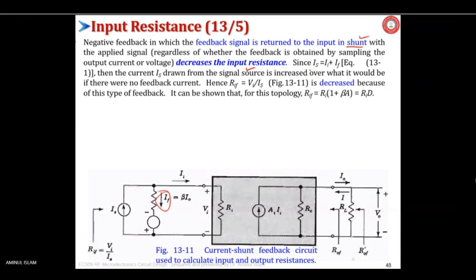Since Is equals Ii plus If, then the current drawn from this signal source is increased over what it would be if there were no feedback current. Hence, Rif equals Vi by Is decreases in this feedback topology.